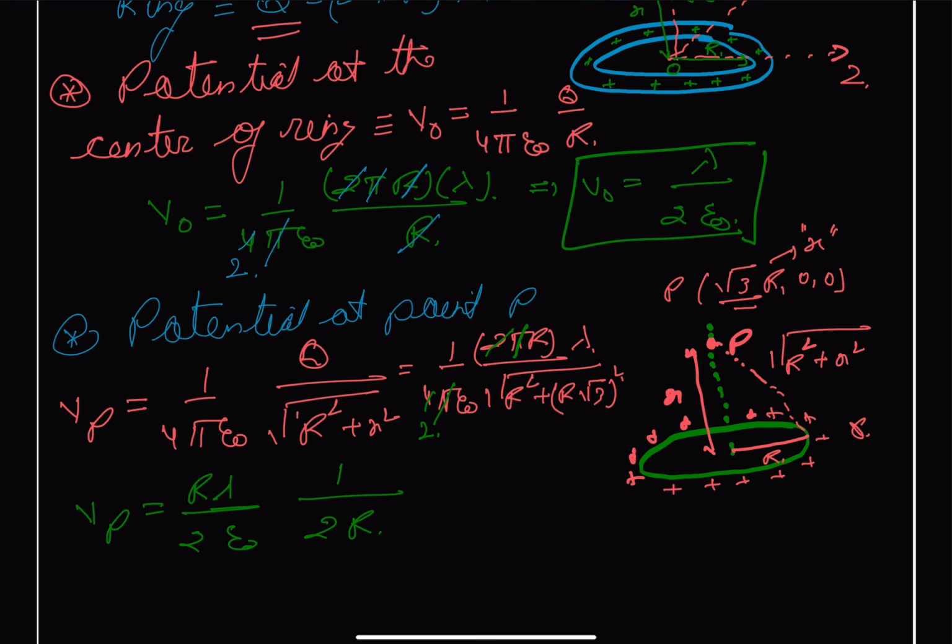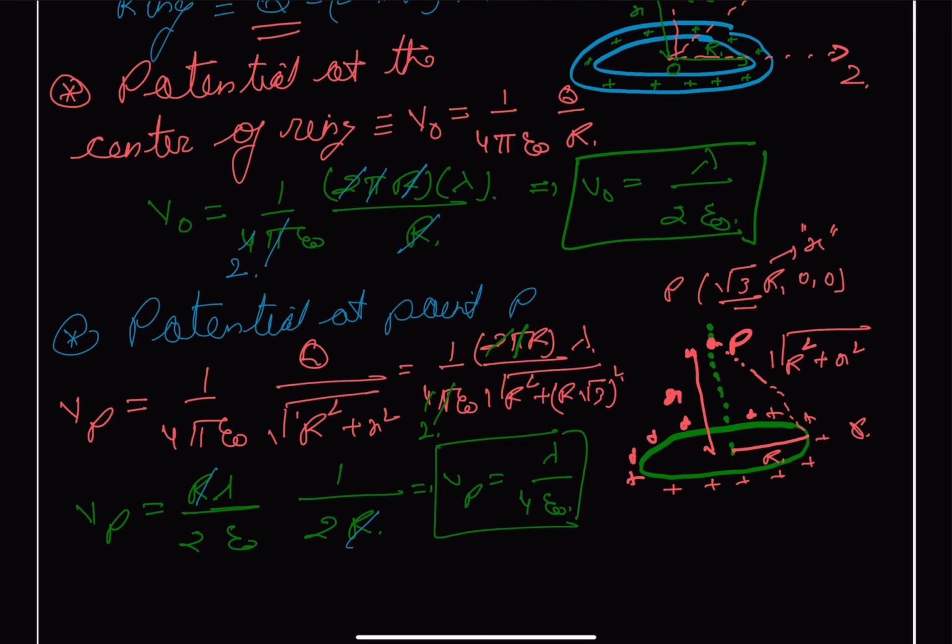And once again, here r and r cancel out, therefore we get our potential at P will be equal to lambda upon 4 epsilon naught.